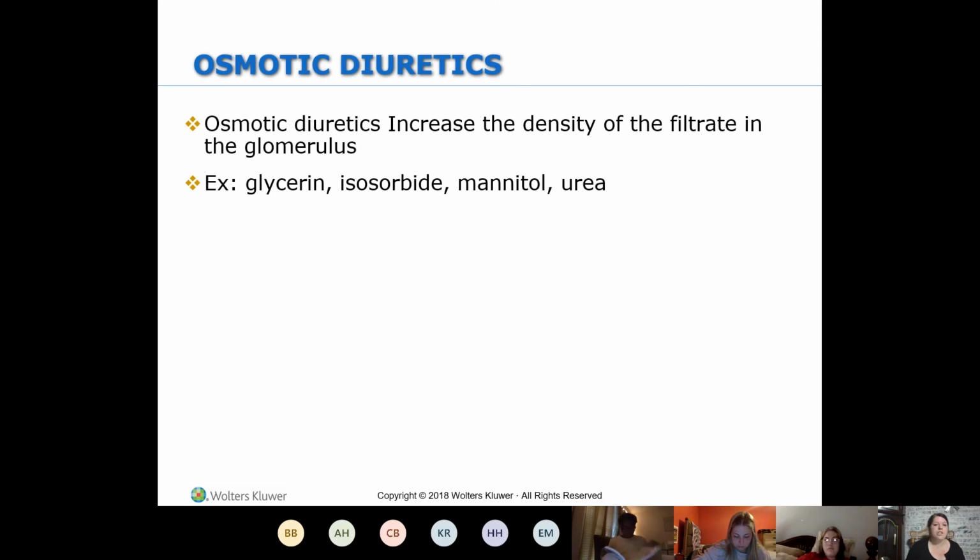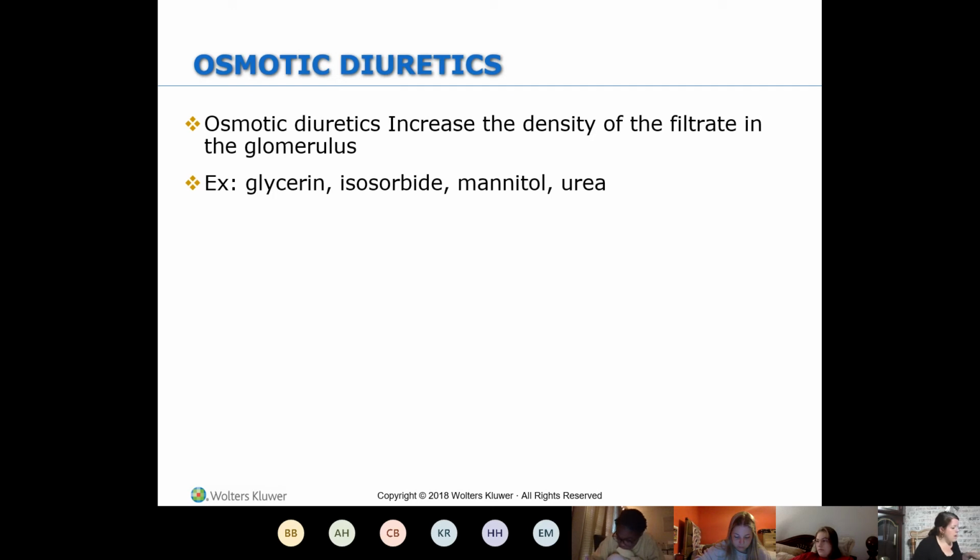And then the last group of diuretics are osmotic diuretics. So we can have pressure in our vessels, peripherally. We can have pressure behind the eye, and we can have pressure in our brain, okay? So osmotic diuretics increase the density of the filtrate in the glomerulus.